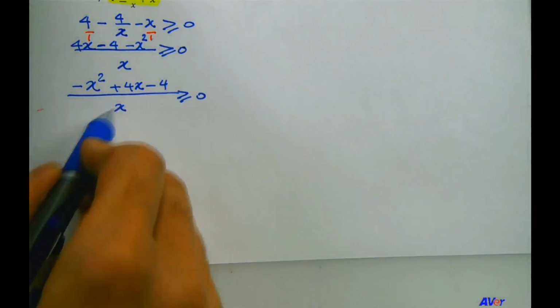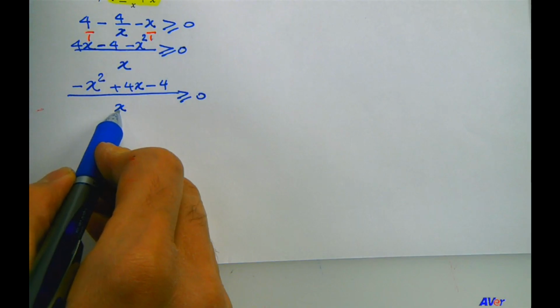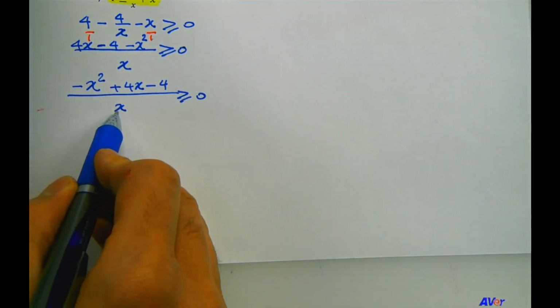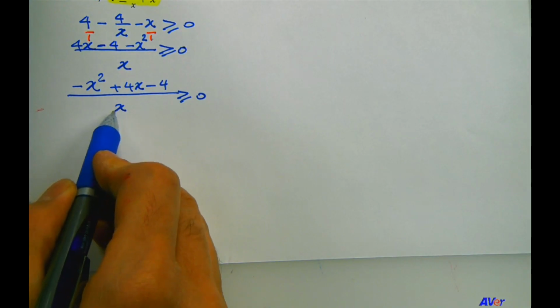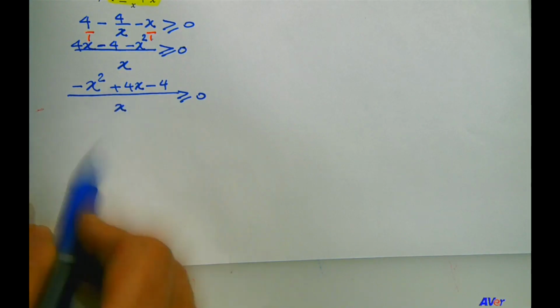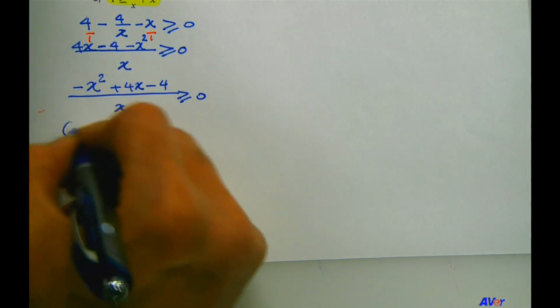We know x equals 0 is going to be undefined, so we already know x equals 0 should be excluded from the solution for this rational inequality. But the numerator still is a mystery. We don't know the factors of it, so we don't know what makes it equal to 0. So let's find out. We're going to factor this.